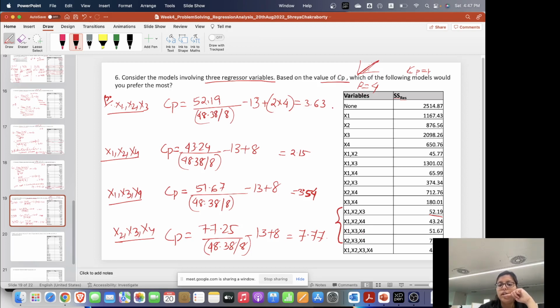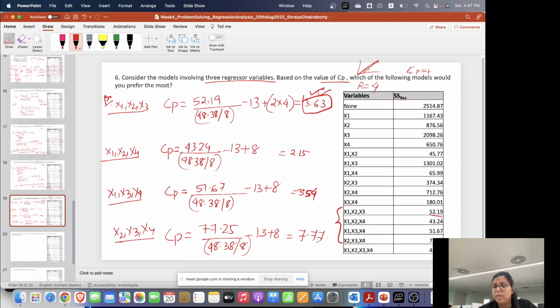So here we can see that since p is equal to 4, the value is also quite low and it's close to the value of p, that is 4. So one of our options is to choose or prefer this model over the other models.